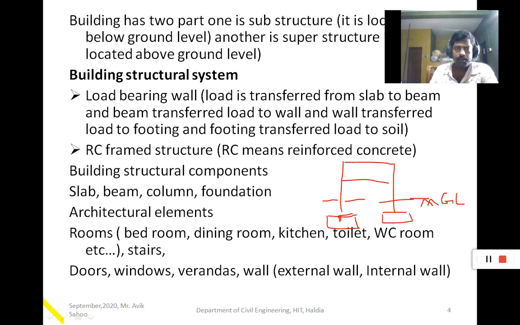Another system we have considered is the building structural system.